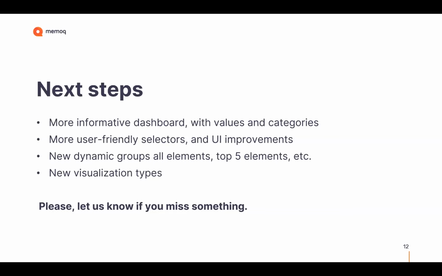We would like to implement dynamic grouping, to let you select all the elements at once. Without selecting the elements, all elements that fit the time frame, or that have data in the time frame, will appear. The top elements can also be quite handy in some cases, and we're thinking about some other options to make the grouping more useful.